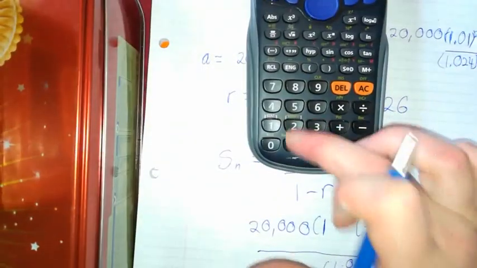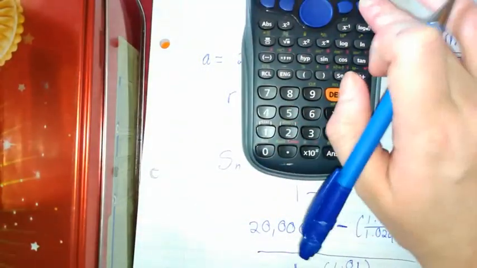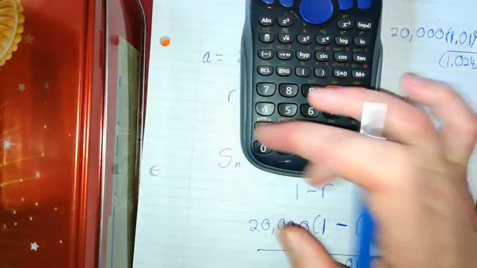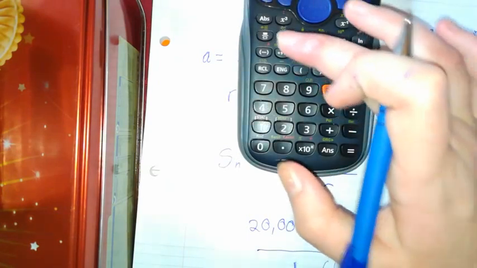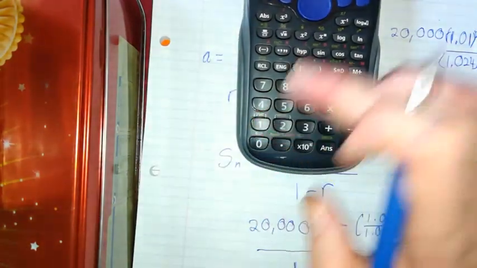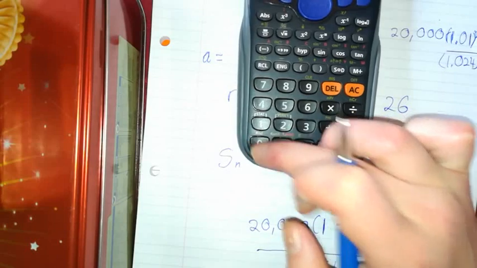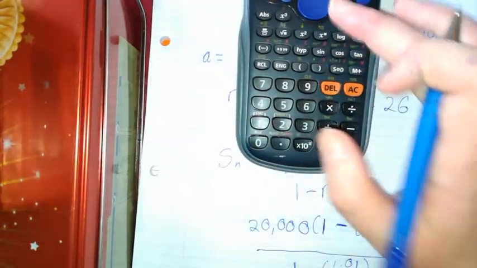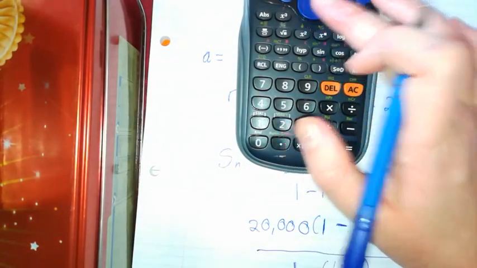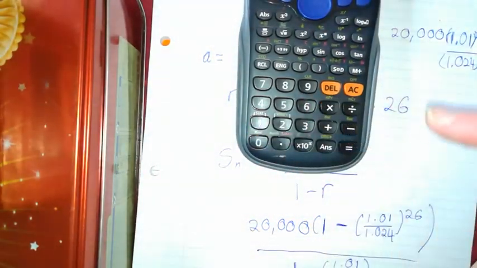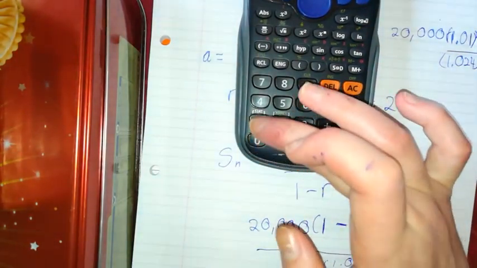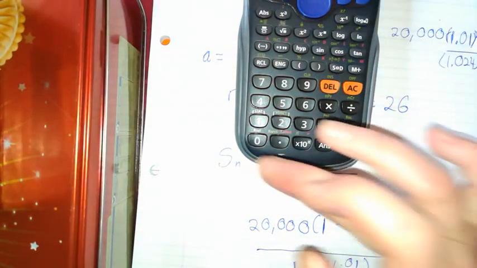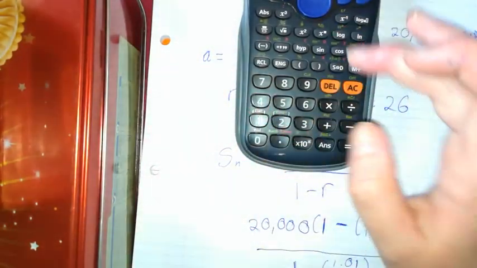So I'll put a fraction, 20,000, and then multiplied by 1 minus, and make sure to use brackets, 1.01 over 1.024, and then that's all to the power of 26, and then 1 minus 1.01 over 1.024.